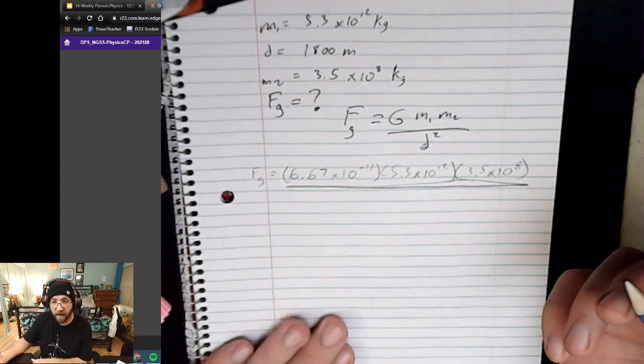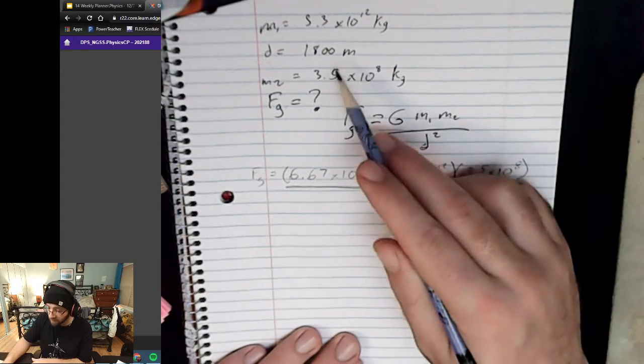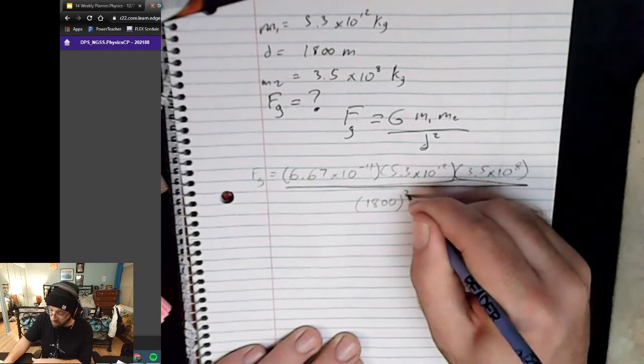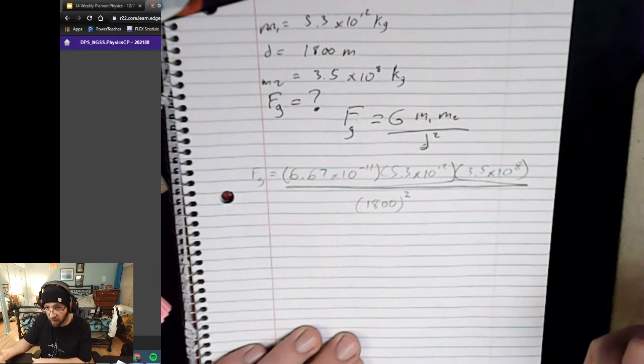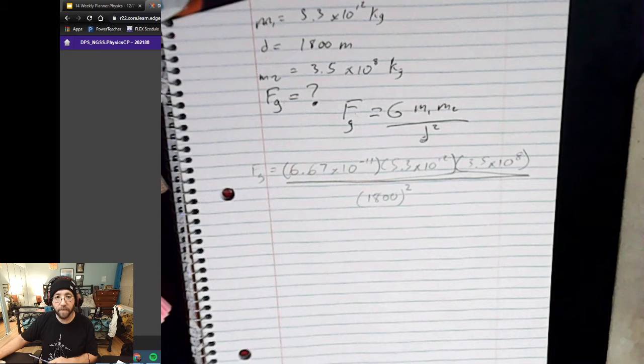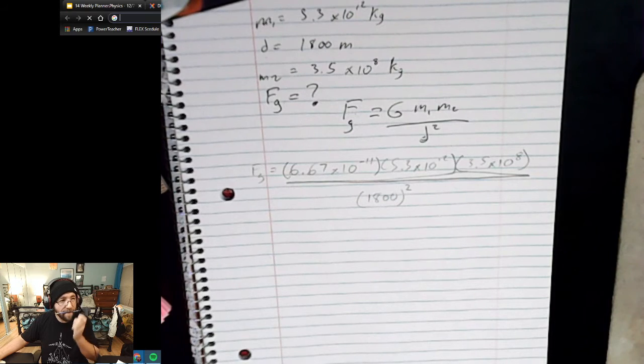And all of that has d squared underneath the bottom. So I write d, which is 1800 squared. So I need to get all of this into a calculator, right? So I'm going to find a calculator over here.